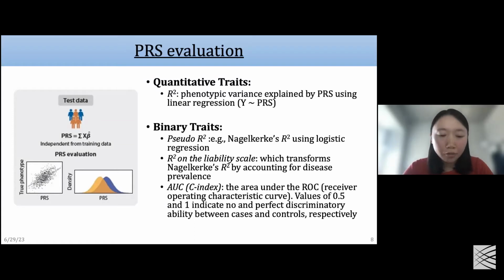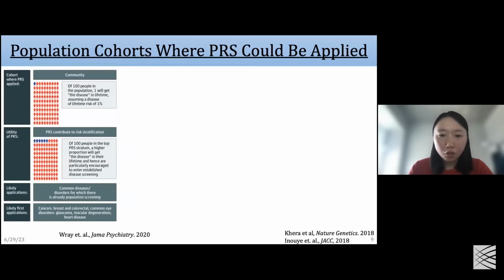Knowing what PRS is and how it is calculated, we may wonder where PRS could be applied in population cohorts. A nice review from Lewis and colleagues summarized a few scenarios where PRS can be applied. The first scenario is related to disease screening.